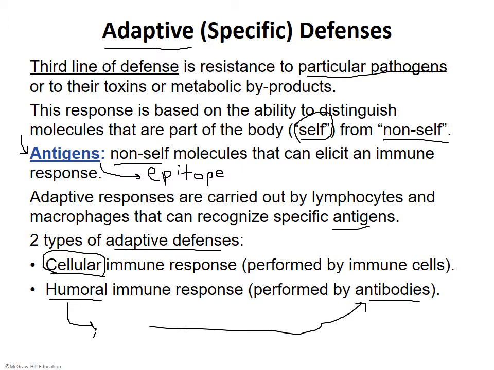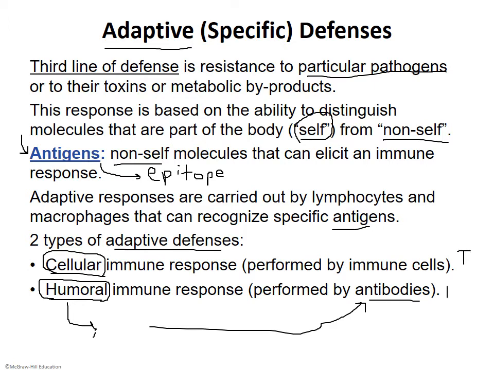So the humoral immune response is all about the release of antibodies that are going to use the body fluids to travel to where it needs to go. So cellular is going to be fighting cell to cell. Humoral is going to be fighting using antibodies. It's kind of like the Air Force sending out jets to go get them. I will just go ahead and tell you, cellular immune response is going to be carried out by T cells.